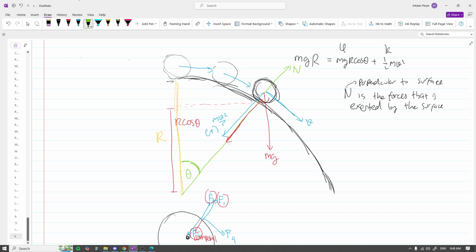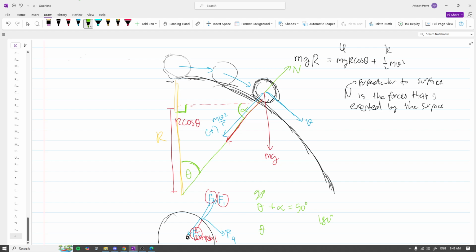Because of this triangle, this is 90 degrees. So theta and this, let's say alpha, is equal to 90 degrees. So theta plus alpha is 90 degrees. Why is this 90 degrees? Because we know that this is 90 degrees too, and we know that the sum of all the angles of a triangle is 180 degrees.